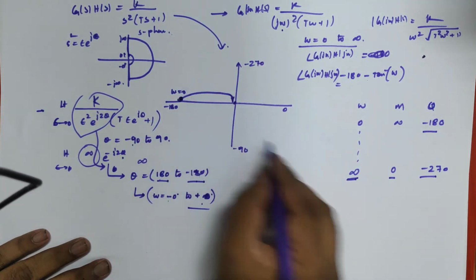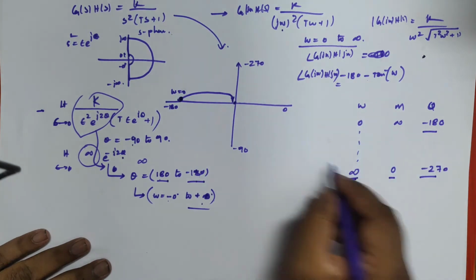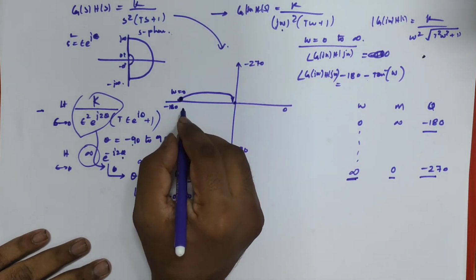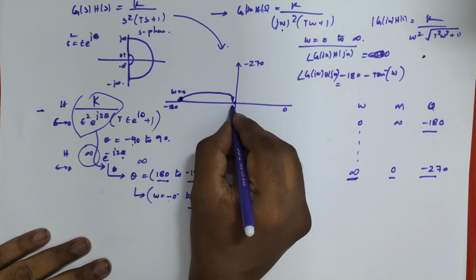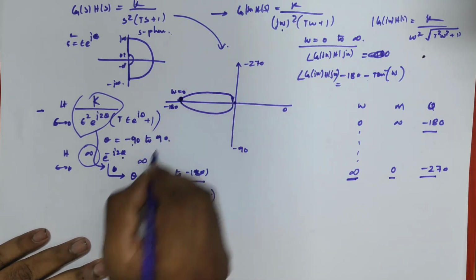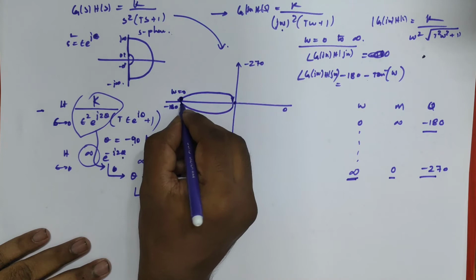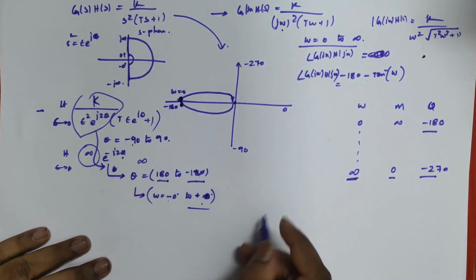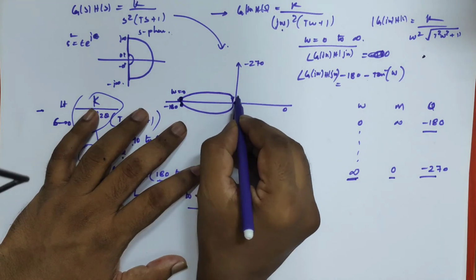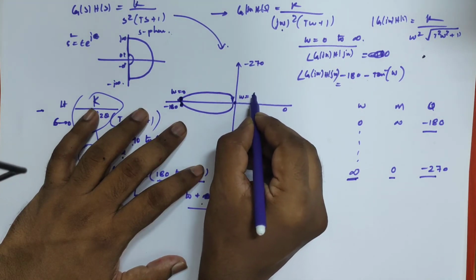So the mirror image of that, for this which is from 0 to infinite, for minus infinity to 0 I'll obtain like this. We don't touch this. Now it is time to understand carefully, guys.